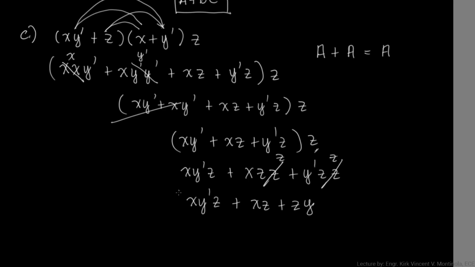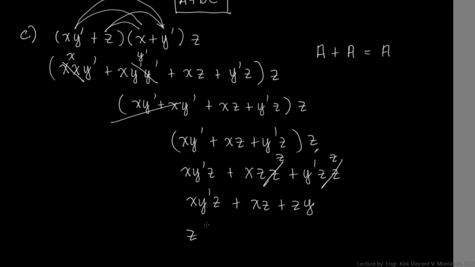Now what terms can we factor out? We can factor out Z. Where? Here. Ito. Factoran kaya natin to. Ito. Lahat.